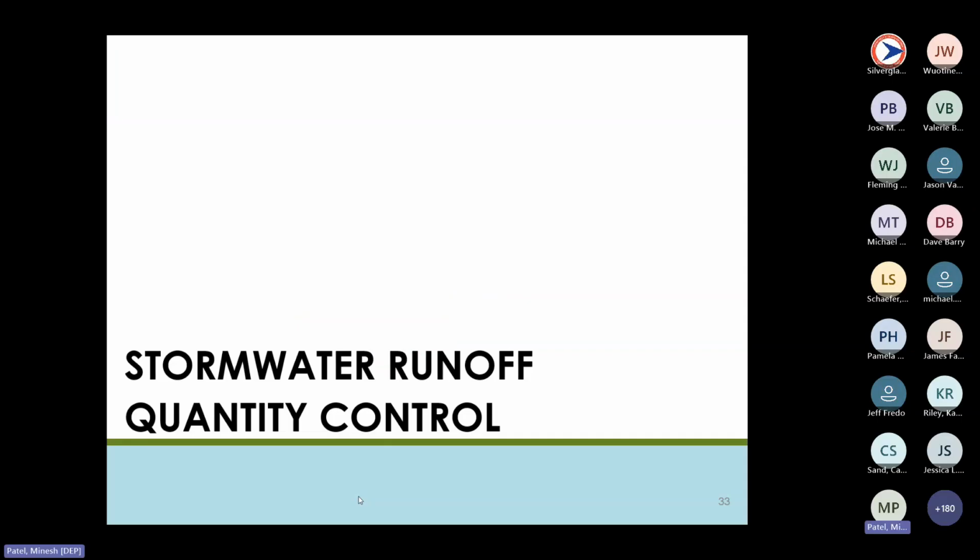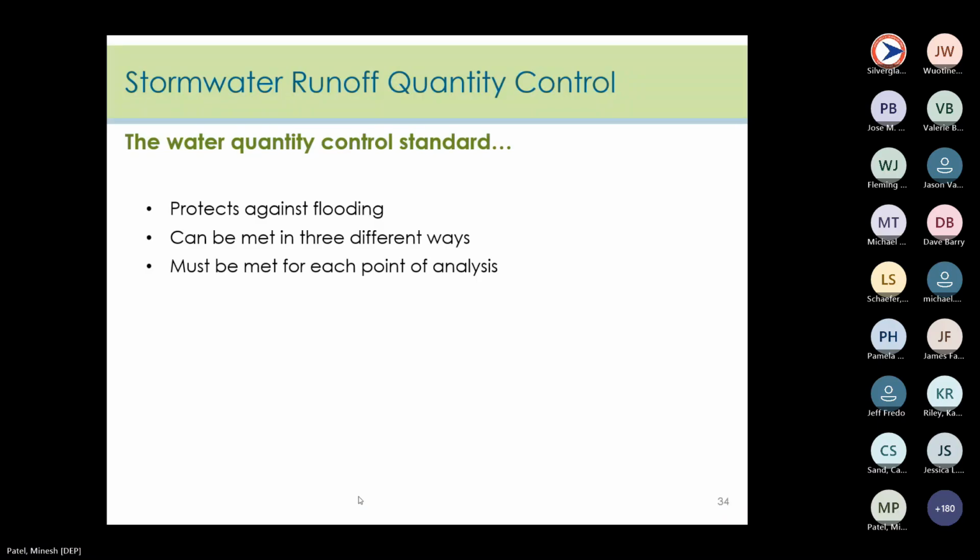So the next thing the reviewer needs to look at is stormwater runoff quantity control. Or excuse me, water quantity. Water quantity impacts must be addressed to not only prevent increased flooding due to development, but also to avoid increased flow rates, which can significantly degrade water bodies downstream from a site.